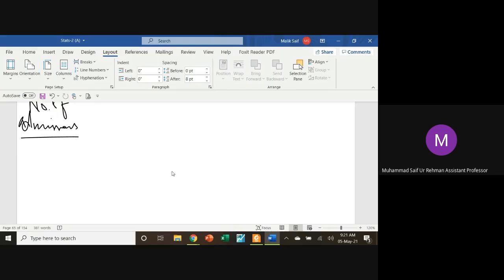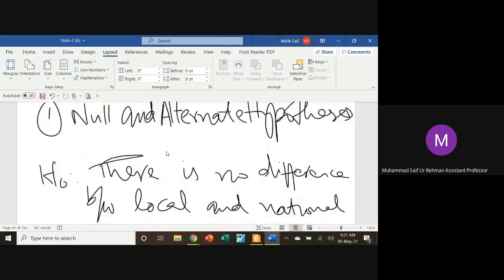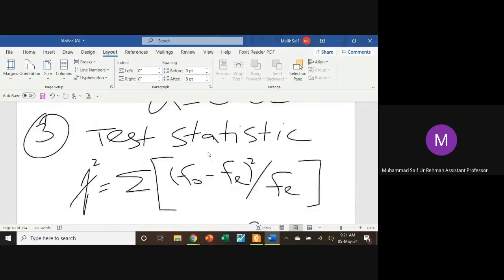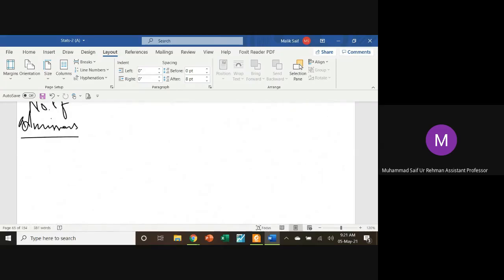So the number of admissions are: not admitted, meaning zero admissions. Then there are people who were admitted once, people who were admitted twice, and people who were admitted three or more times.